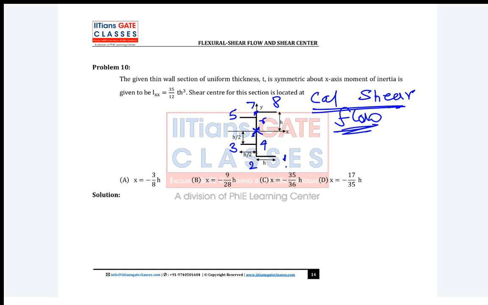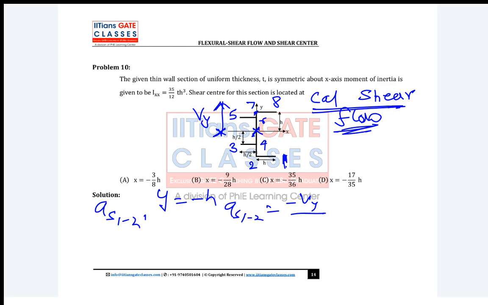So let's find the shear flow for 1 to 2. Q_s for 1 to 2. First we need to know the y value. It is minus h. Then Q_s 1 to 2 will be minus Vy upon Ix, integration t y ds, supposing I am considering my shear center somewhere and Vy is applied.